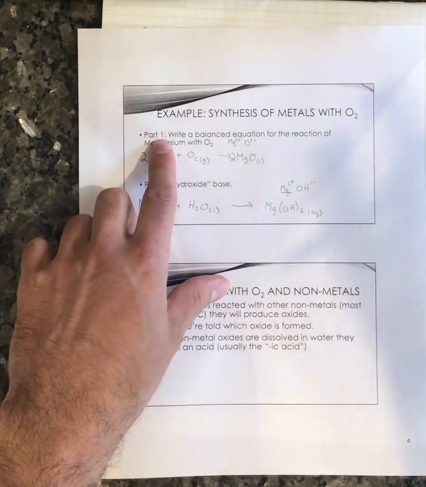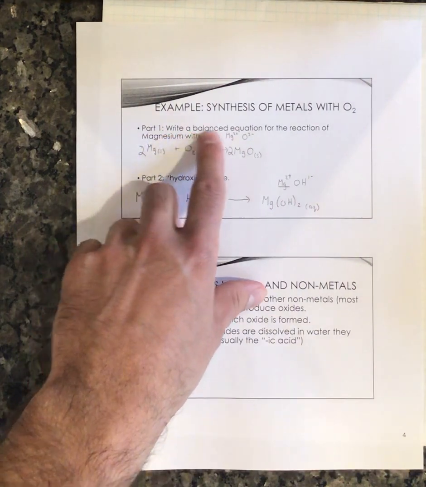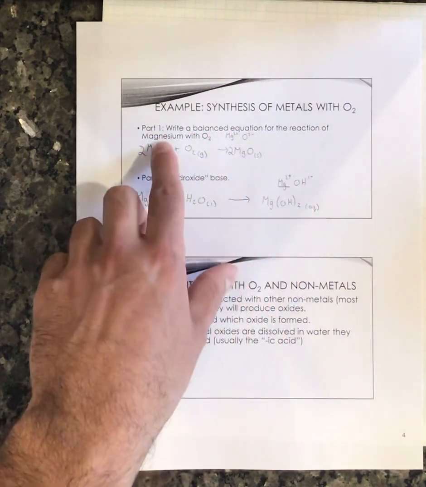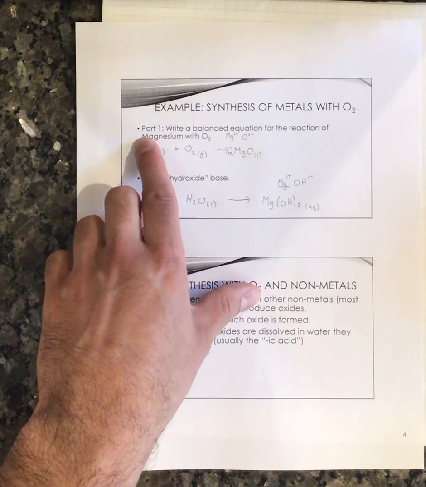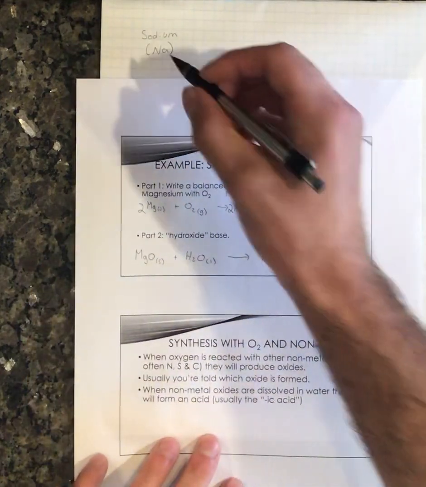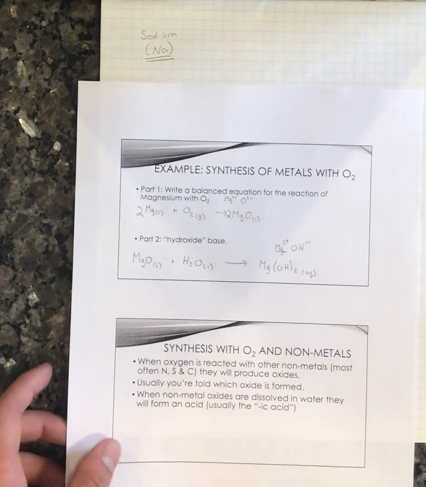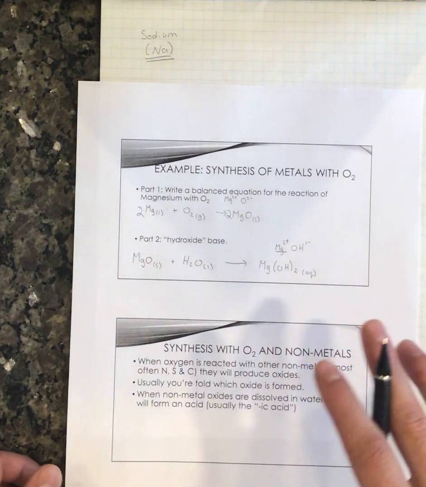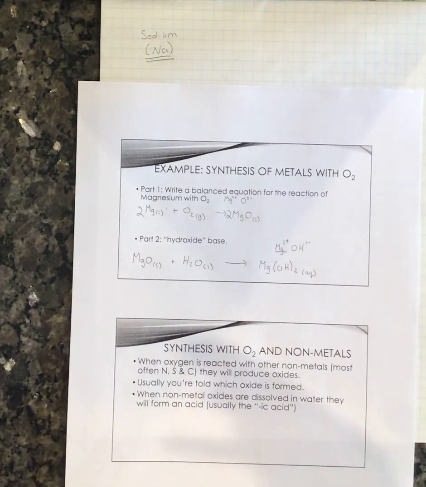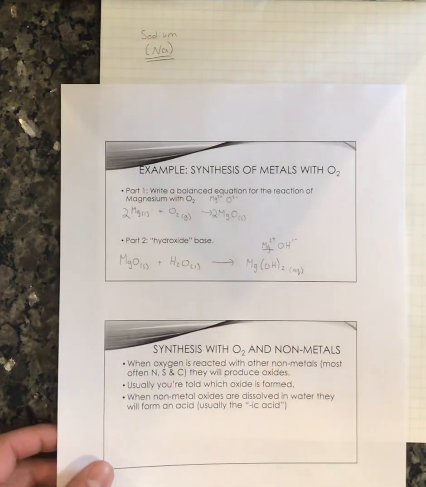So part 1, the only difference is it says write a balanced equation for the reaction of magnesium with oxygen. I want you to change magnesium into sodium. And I want you to do those 2 same steps again. So pause the video, try it out. When you are done, click resume, and we'll see if you got that correct. So take a second now and try that out.